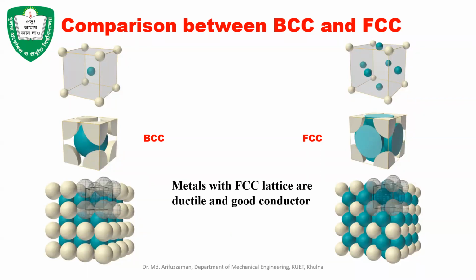The metals with face-centered cubic lattice are ductile and good conductors because face-centered cubic has more packing density, as well as more electrons present in the structure, and it will also show higher density, and that is why the face-centered lattice shows good conductivity as well as ductility.